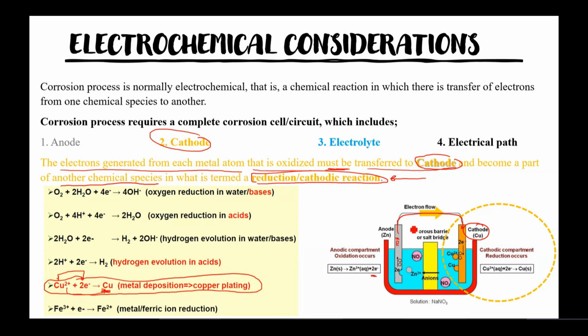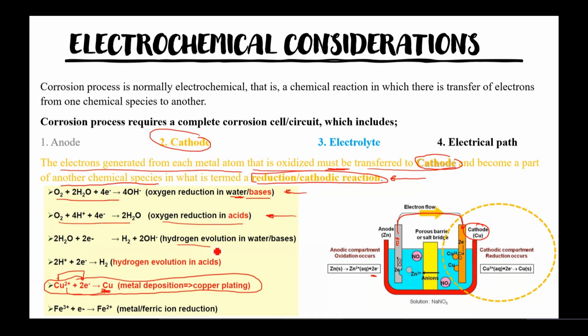Now, there could be many types of reduction reaction, and the equations for these reactions have been listed for you. You have to remember these equations with regard to the environment. You have to memorize these equations. This is the oxygen reduction reaction taking place in neutral or basic environment. Similarly, if oxygen reduction is taking place in acidic environment, you'll use this reduction reaction.